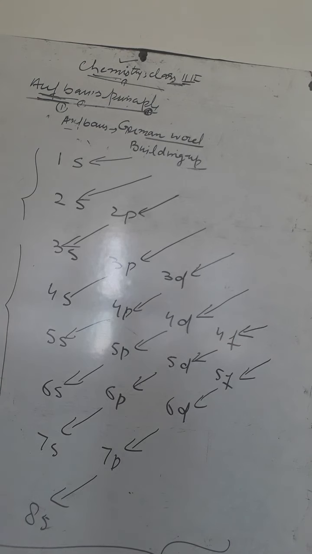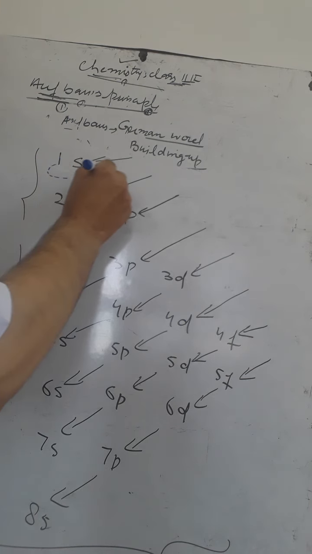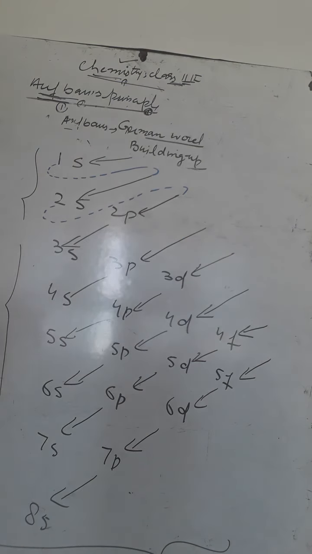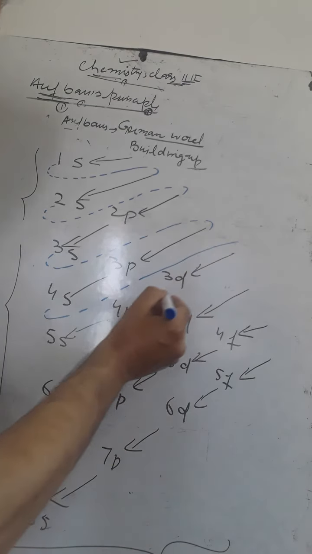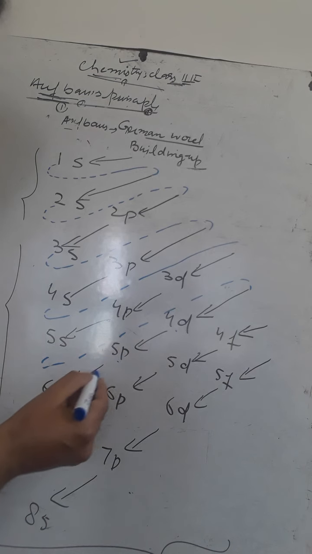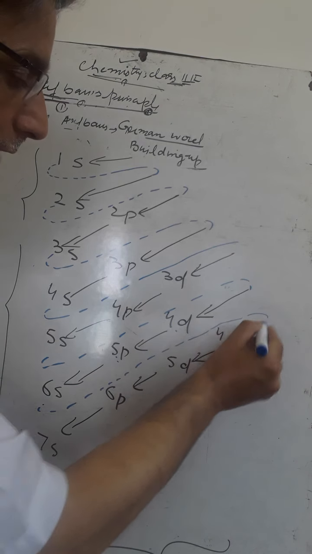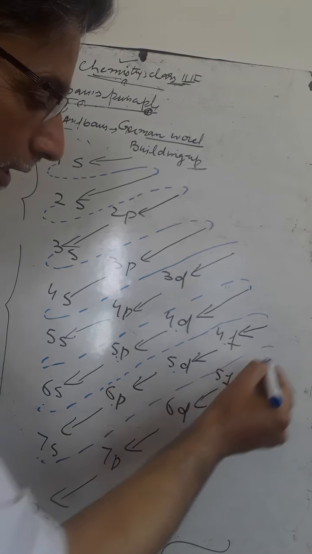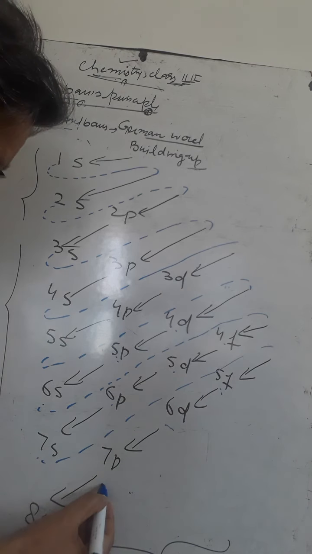We can also mention it here: we have 1s, after that 2s falls, which we will represent by dotted lines, after 2s falls 2p, then after this 3p, 4s, after that 3d, 4p, 5s, and then we have this order 4d, 5p, 6s, and then we have 4f, 5d, 6p, 7s, and then 5f, 6d, 7p, 8s.